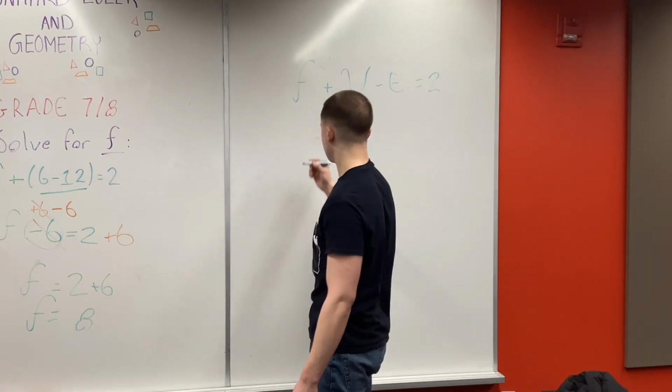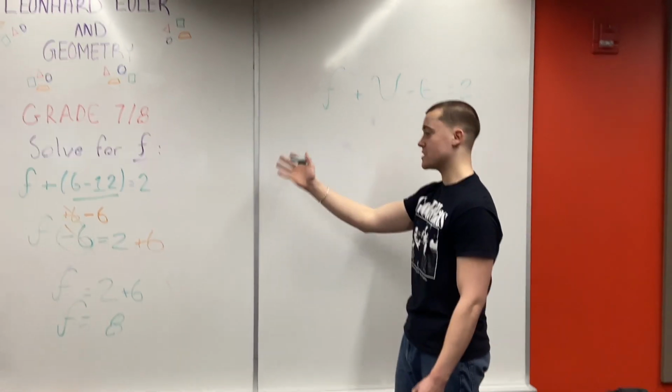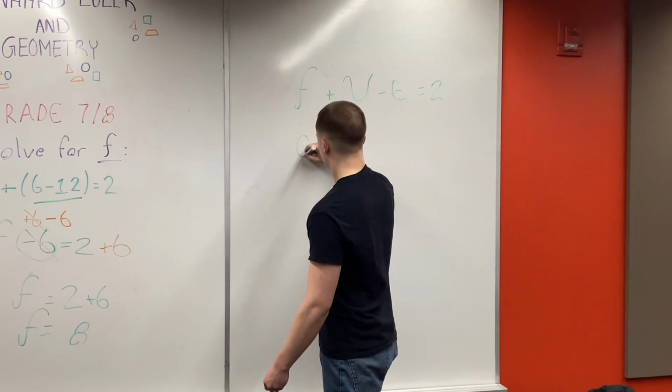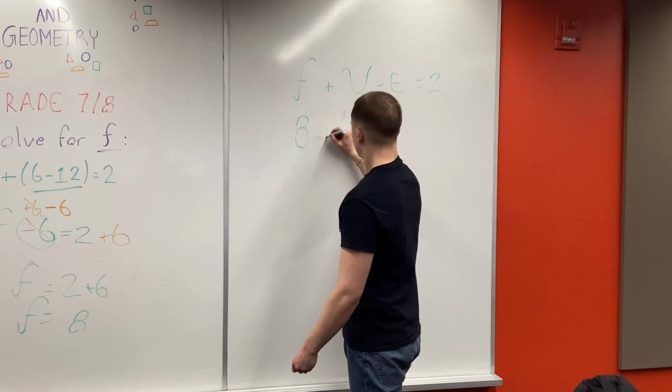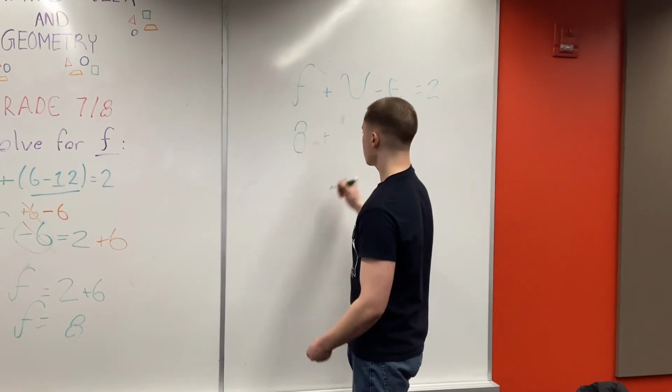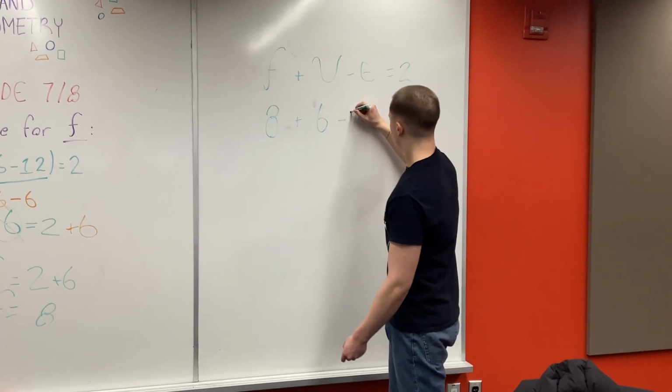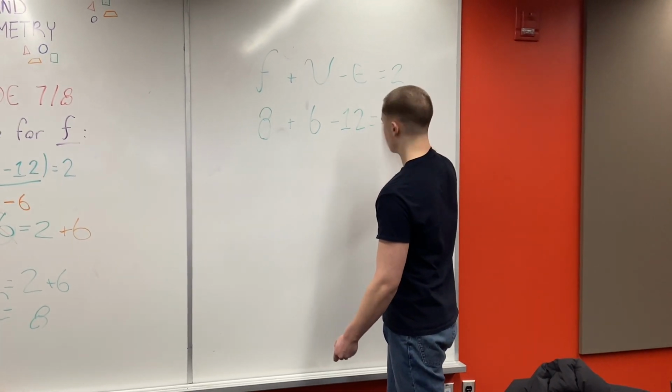Now, in this equation, using the numbers, we know that F is 8 plus V, which is 6, minus E, which is 12, equals 2.